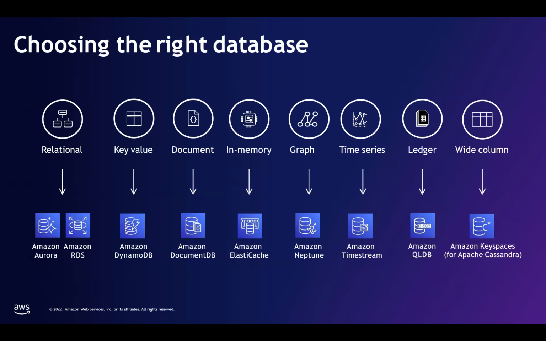For example, if your data is in the form of documents, then the document database would be the right database for you. And if you have data in the form of graphs, then a graph database would be the right database for you. So depending upon your data, you can choose the database in Amazon for you.